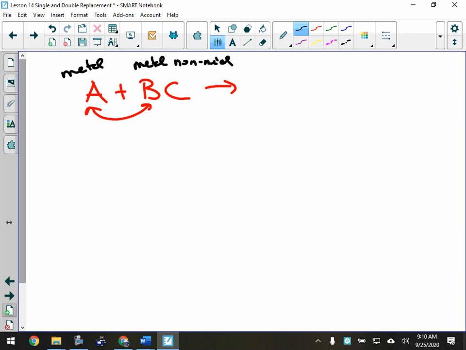Does that make sense? So, in the ionic compound, we have a metal part and a non-metal part, and so the metal switches with the metal, okay? So those two things would switch, and we'd end up with B by itself here, okay? Because the B kind of comes out, and the A goes in to get AC, all right?